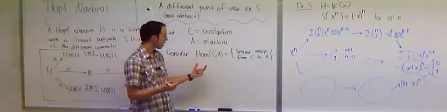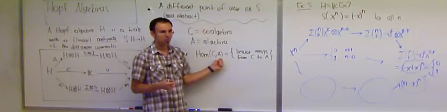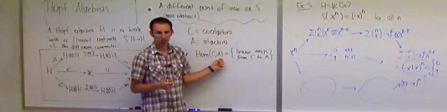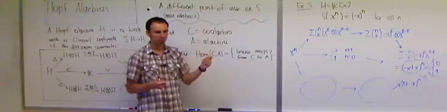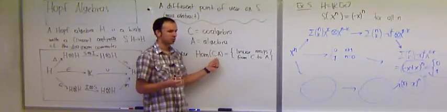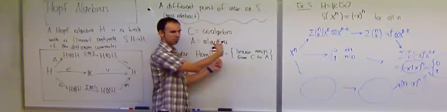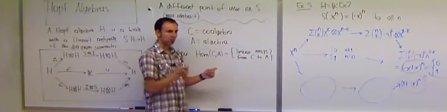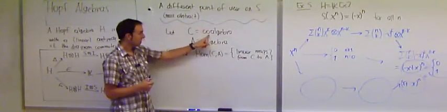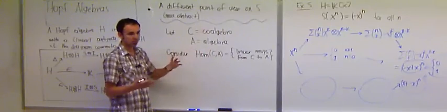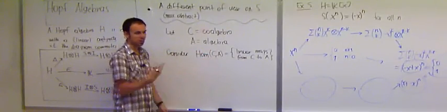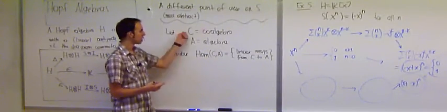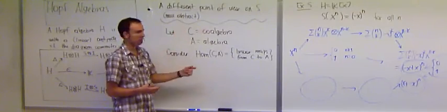Generally, this symbol means homomorphisms from here to here. And what kind of homomorphism depends on what kinds of structures you're working with. So for example, if you have two coalgebras, then the homomorphism from C to D might be the set of coalgebra maps, coalgebra homomorphisms. But here we have a coalgebra and an algebra, which are different things, and so we can't ask for these to be algebra homomorphisms. We can't ask them to be coalgebra homomorphisms. But they're both linear spaces, and so we are going to consider the linear maps from here to here.